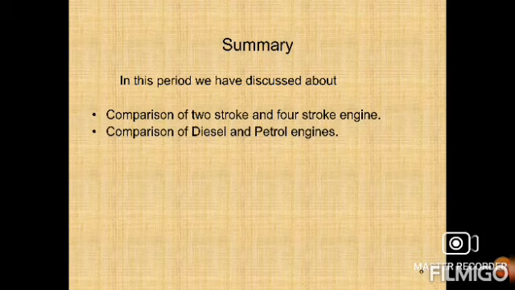In diesel engines, self ignition occurs due to the high temperature of the compressed air. Whenever the air is compressed it reaches a very high temperature, so no spark plug is needed in diesel engines.